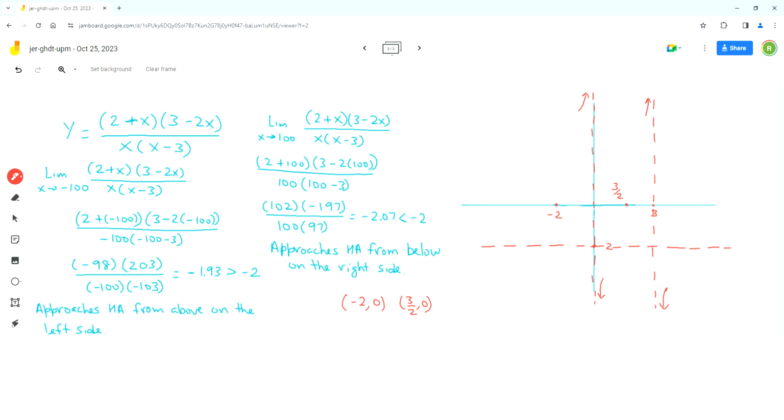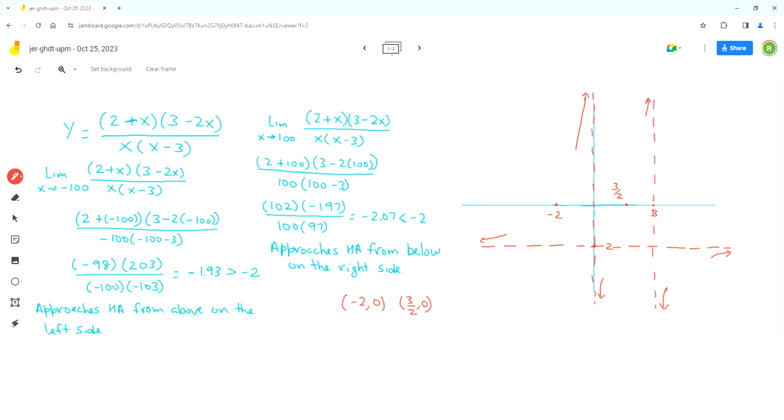Now we can show the behavior around the horizontal asymptote. So on the left side, the curve approaches the horizontal asymptote from above. So like this. And on the right side, from below. And now we can join these end behaviors to get the sketch of the function. So we should make sure that we pass the sketch through all the intercepts.